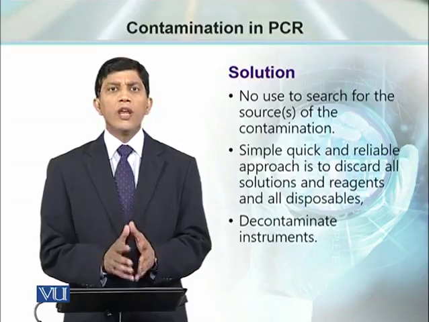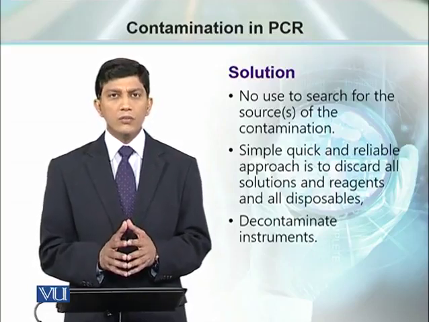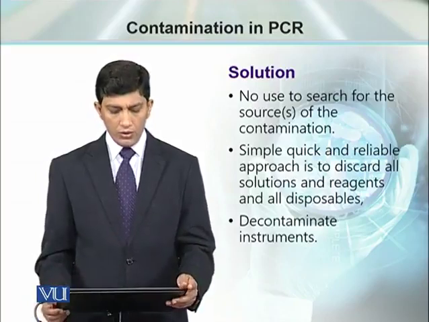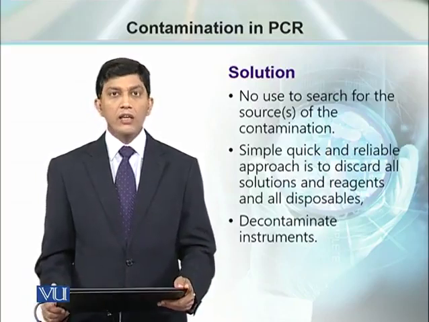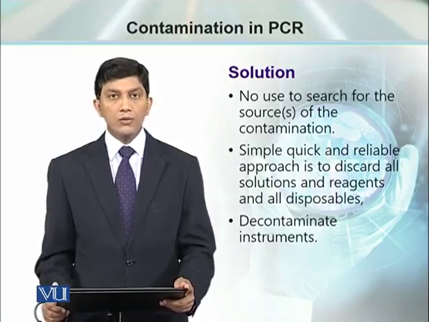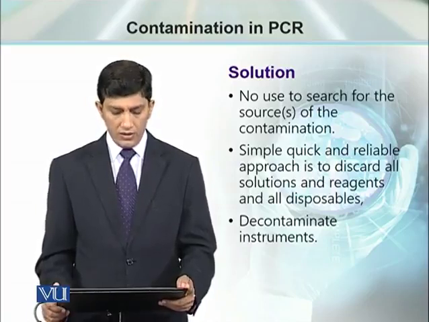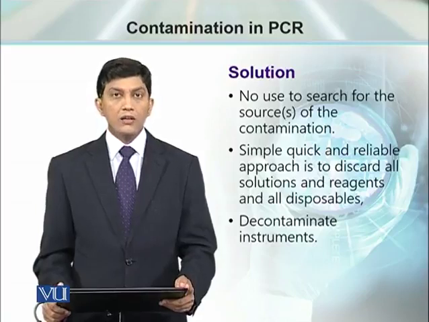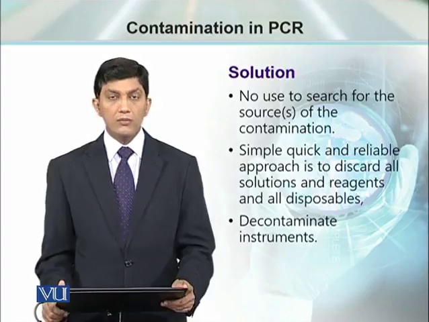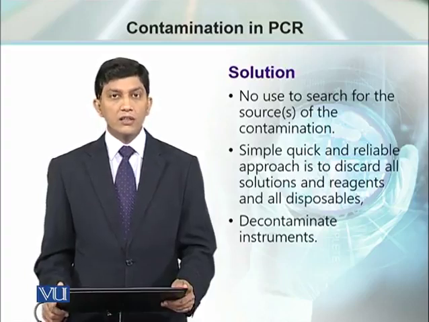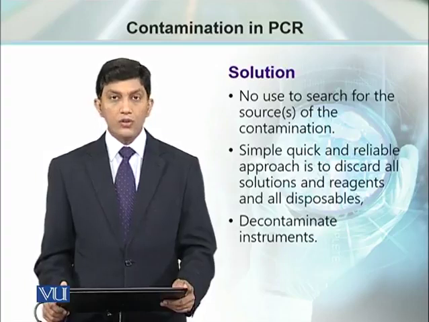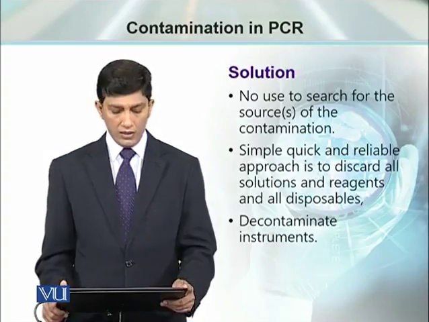There is no need to find out the solution or reason behind it. The best idea is to discard all the consumables and prepare new solutions and reagents which are clear and pure from contaminations. Besides, try to decontaminate the instruments which you are going to use for PCR reactions.